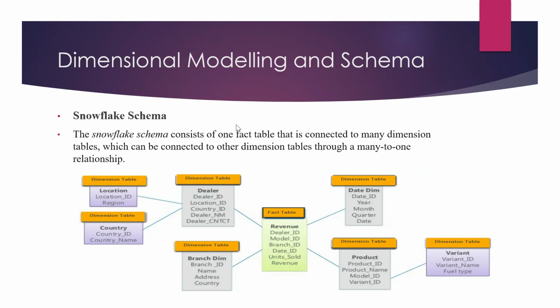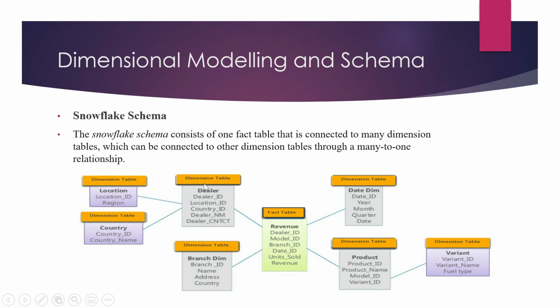The snowflake schema consists of one fact table that is connected to many dimension tables, which in turn are connected to other dimension tables. In the previous example, the fact table was surrounded by different dimension tables. But suppose you have another dimension table surrounded by those dimension tables. This type of schema is called a snowflake schema. In the last example, your fact table has primary and foreign key relationships with the surrounding dimension tables.